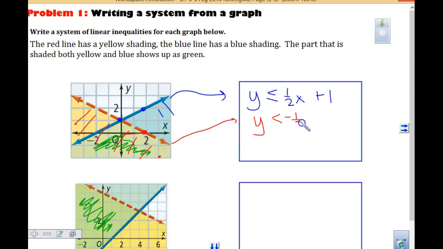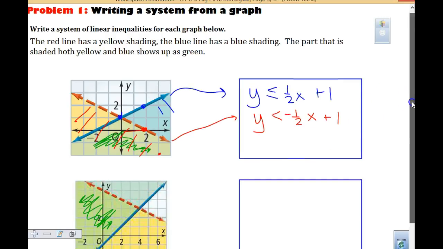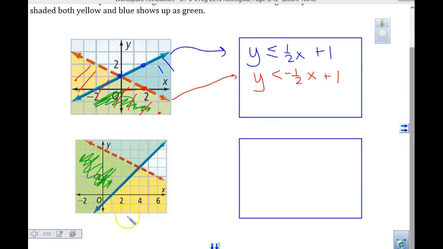Negative 1/2, nice work. And then plus 1. Plus 1. So part of your homework, there's 2 questions I think in the homework like this where I give you the graphs and ask you to write it, okay? Then you have to graph about 5 of them where I just give you the 2 equations like the first page.